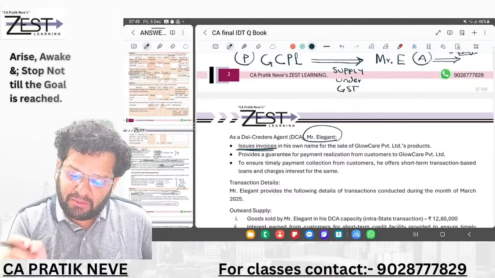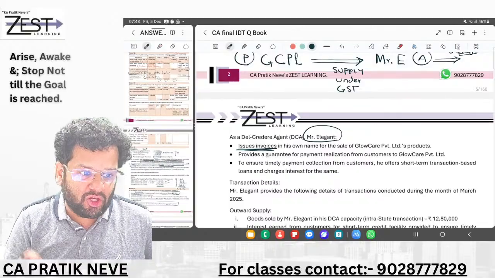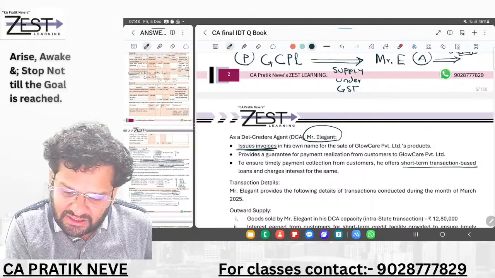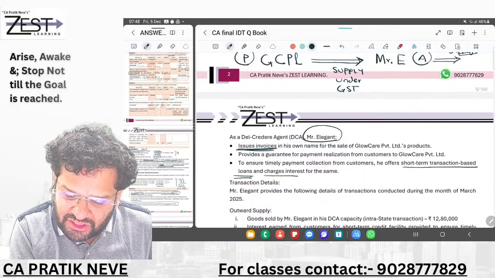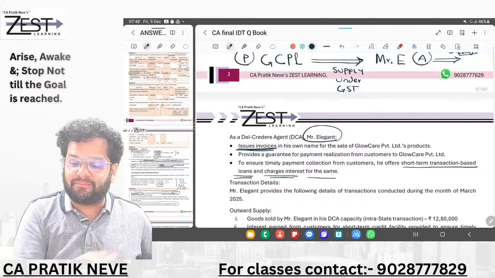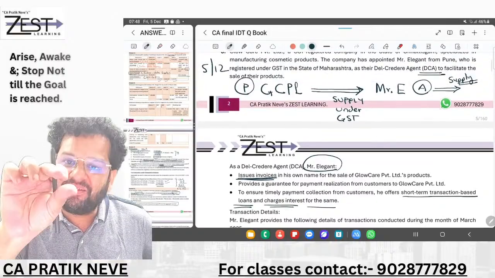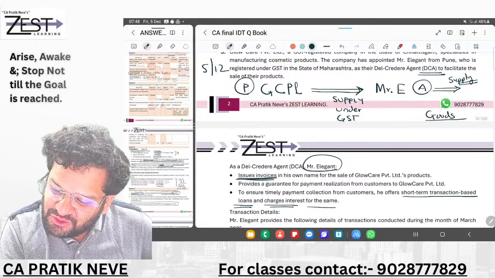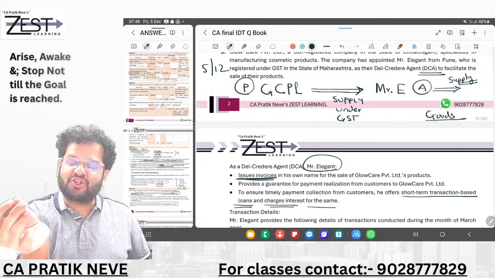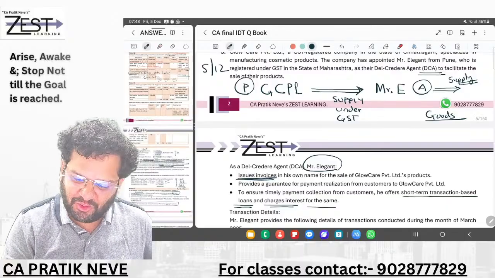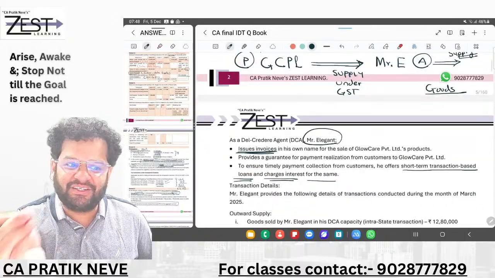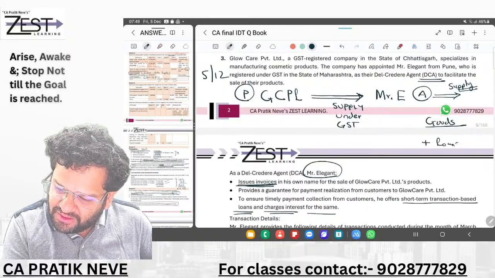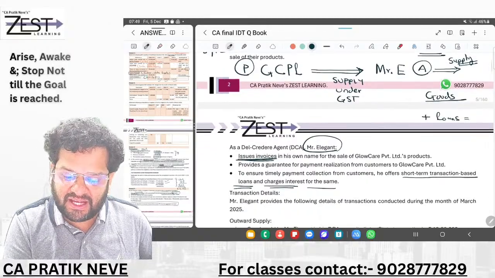To ensure the payment collection from customers, this agent offers short-term transaction-based loans and charges interest for the same. So this Mr. E is selling goods as well as giving some short loans and charging interest. So along with goods, the loans given will also be treated as supply.